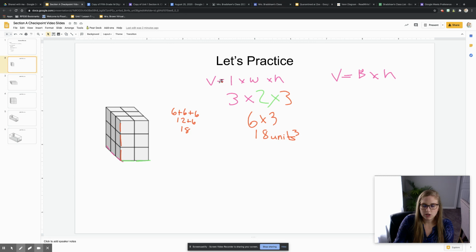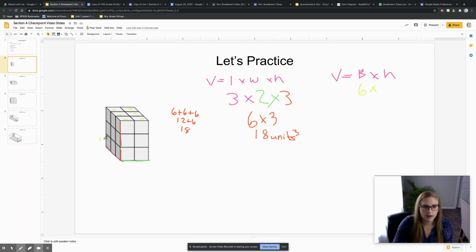Now let's say I just want to prove that this is correct. I can solve it with base times height. So I need to figure out the base. I can't see all the cubes down here, but I know that the bottom layer is the same as the top layer. So I'm going to count the cubes in the top layer. I have 1, 2, 3, 4, 5, 6 cubes for my base, times how many layers?